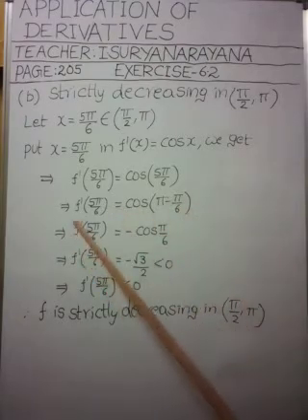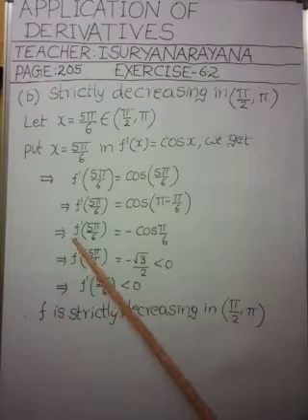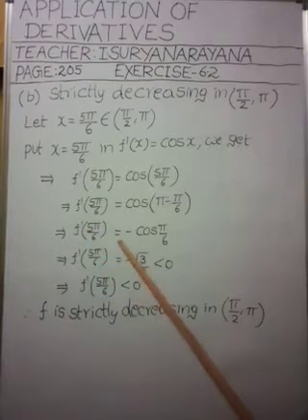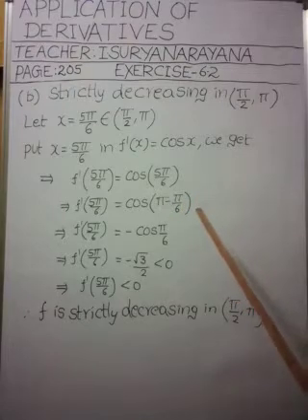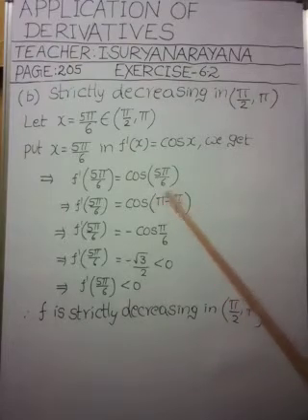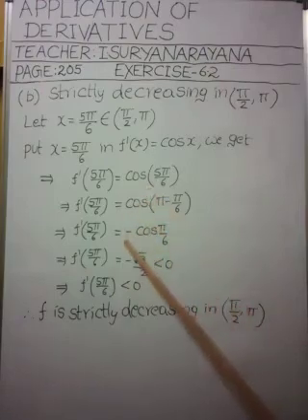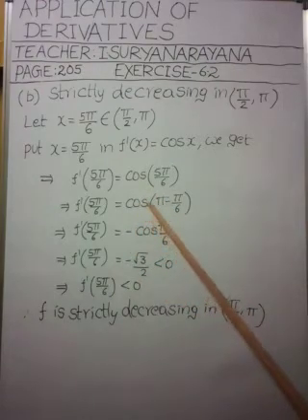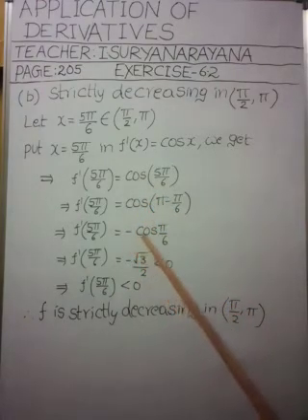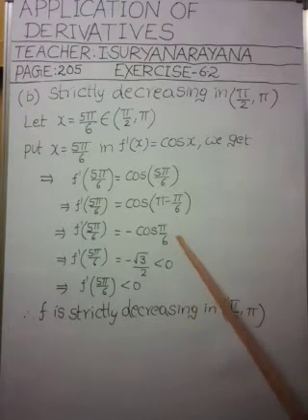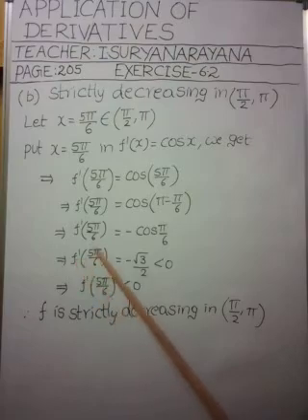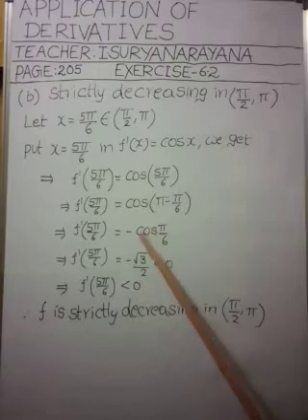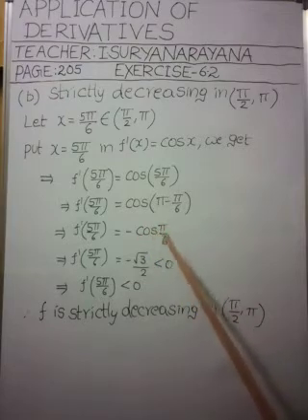Understood this step, my children? Right. This implies f dash of 5 pi by 6 is equal to cos of pi minus theta. What will you get? Minus cos theta. This angle lies in the second quadrant, so we get negative because cos is negative in the second quadrant. So minus cos pi by 6. Understood this step, my children? Right. This implies f dash of 5 pi by 6 is equal to minus, what is the value of cos pi by 6?